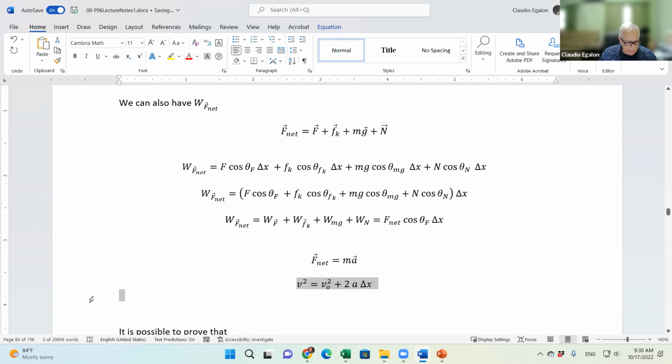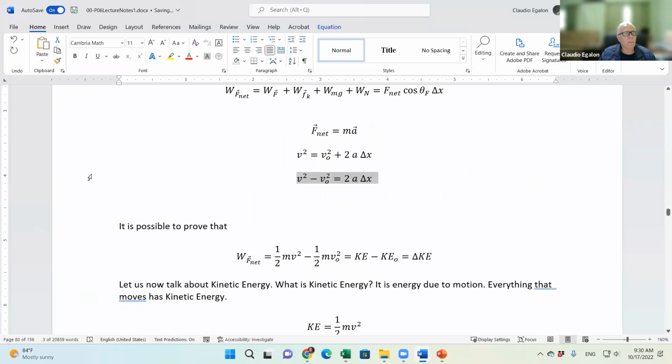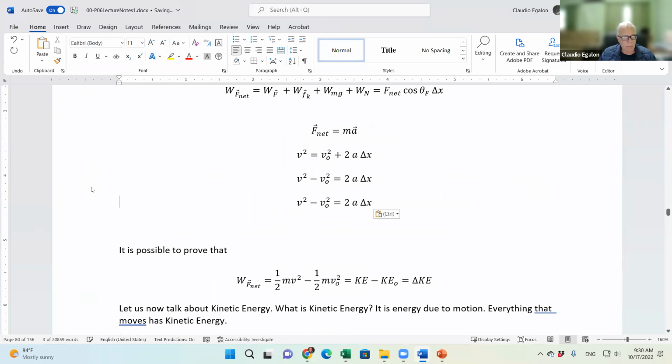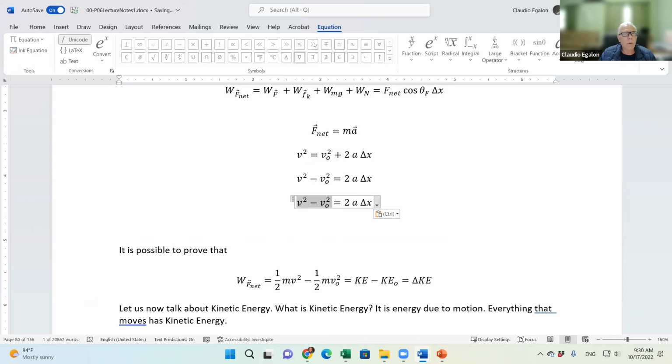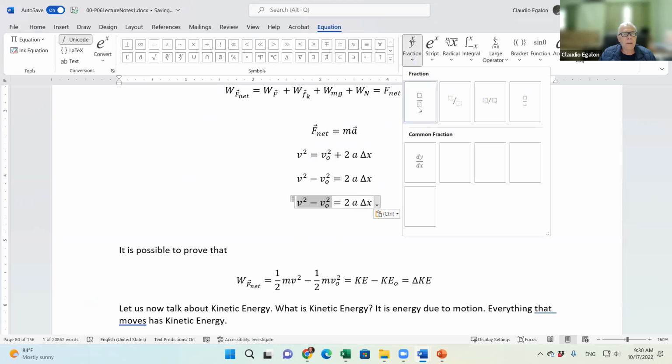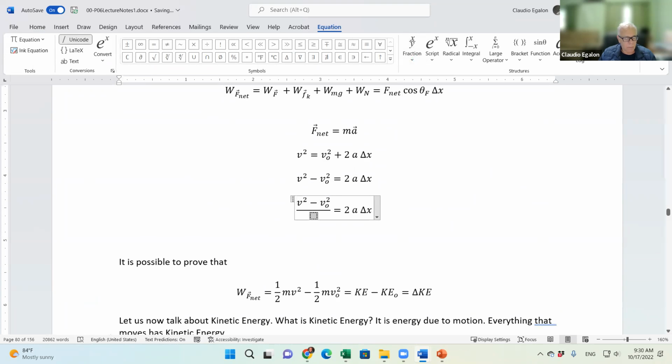And then we can write our acceleration as being v squared minus v naught squared over 2 delta x.